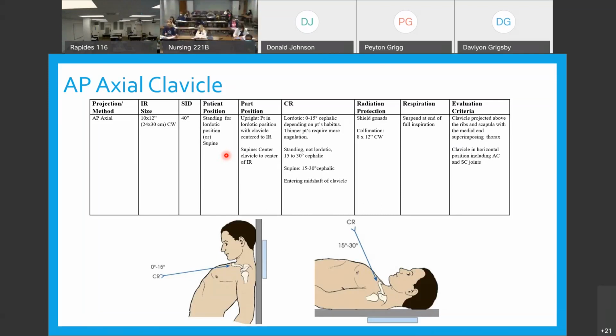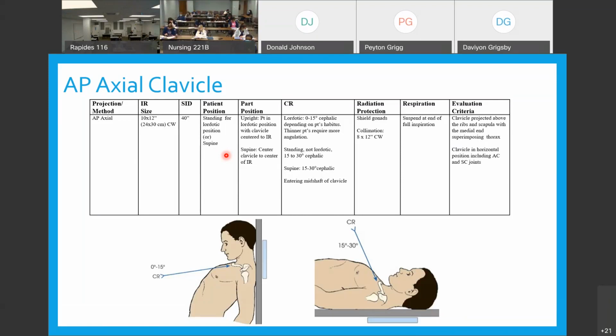So the test questions will read, with the lordotic position, how much central ray do you need? If the patient did the lordotic position, it's 0 to 15. If the patient can't do the lordotic position and they're standing up, you're going to have to increase your angle from 15 to 30.